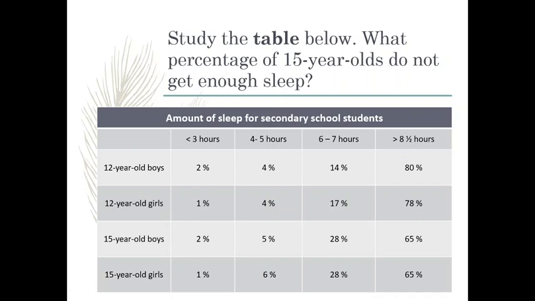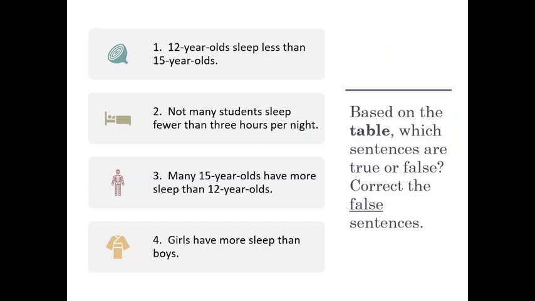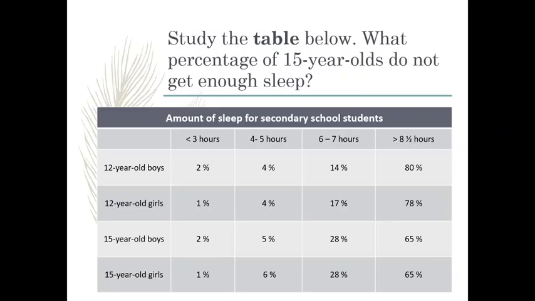The answer is false. Why? Because many 15-year-olds have less sleep than 12-year-olds. And the last one, girls have more sleep than boys. Girls and boys. The answer is false because girls have less sleep than boys.